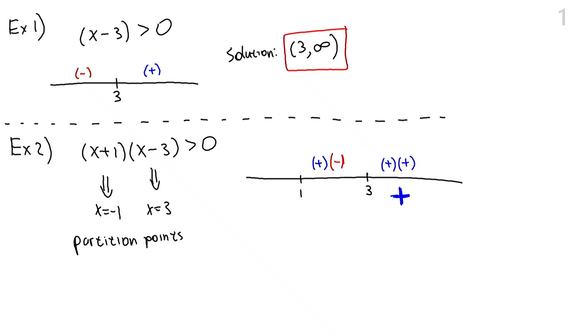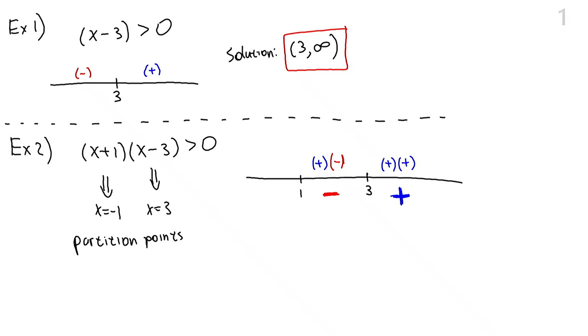Because if we plug in something less than 3, it doesn't matter that it's greater than 1. If we plug in anything that's less than 3 into x minus 3, we're going to get a negative number. And so on the interval from 1 to 3, whatever number we plug in, we're always going to get a negative number in the expression x plus 1 times x minus 3.